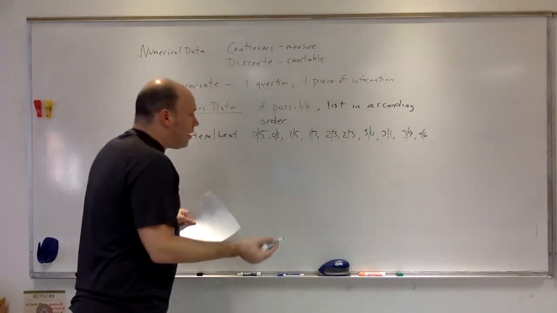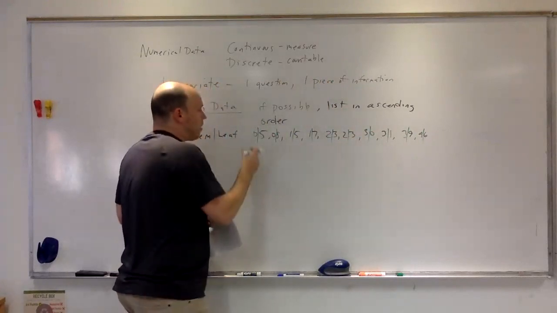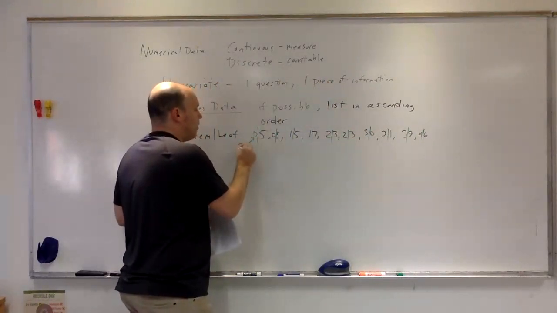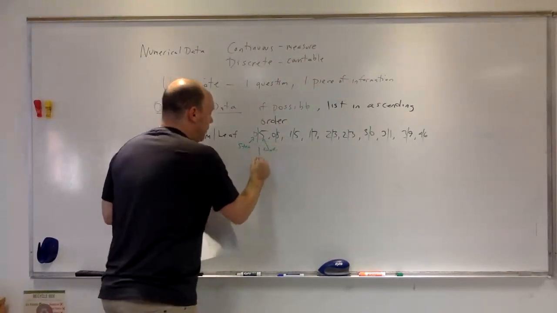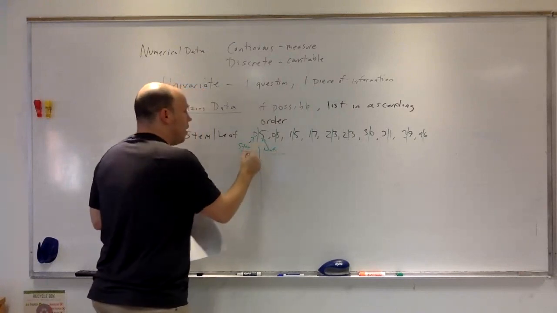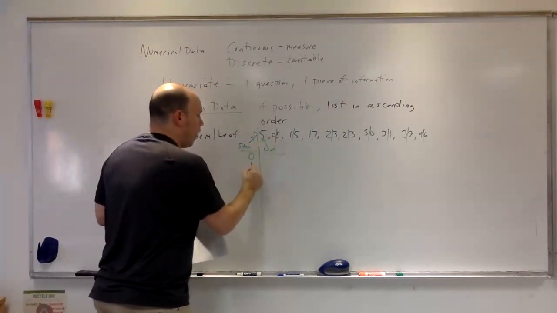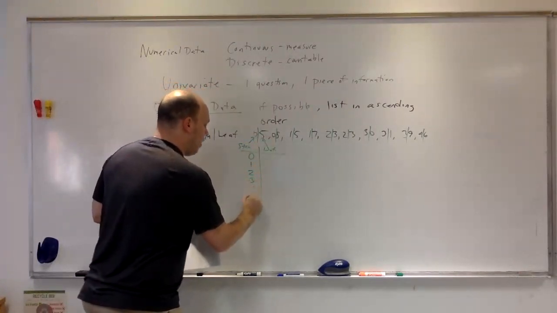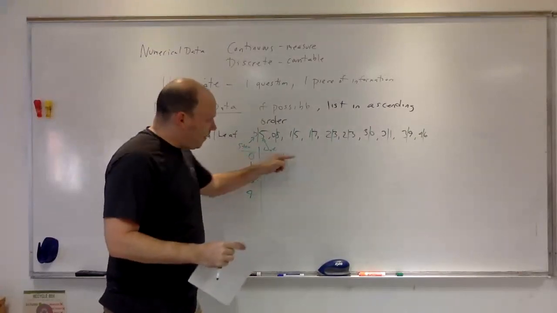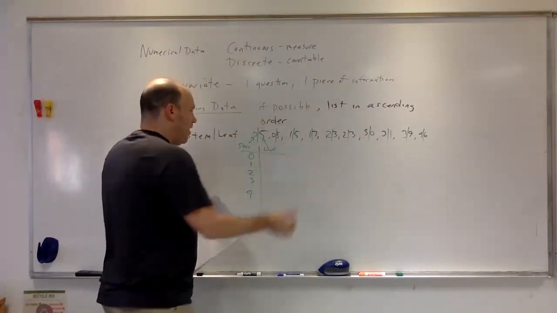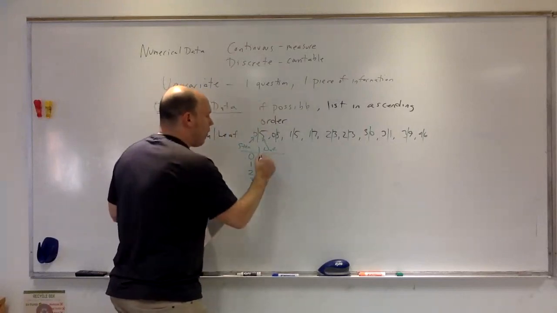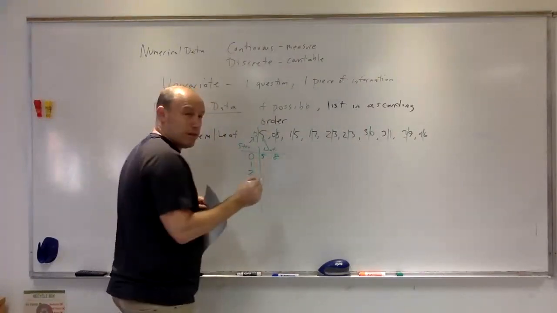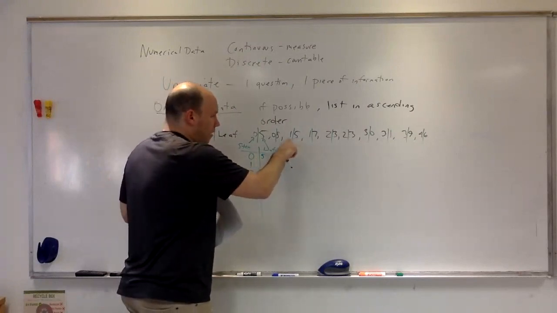The idea is that this is the stem and this is the leaf, and you make a stem and leaf table. So the stems are 0, 1, 2, 3, 4, and then you write the leaves of the numbers. For the stem 0, there's 5 and 8.